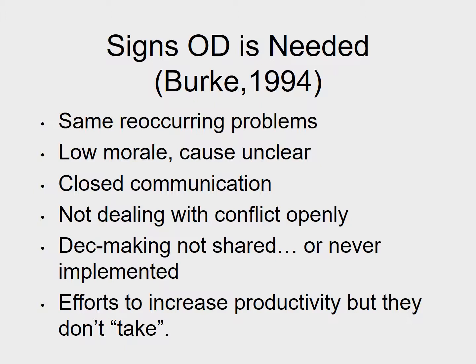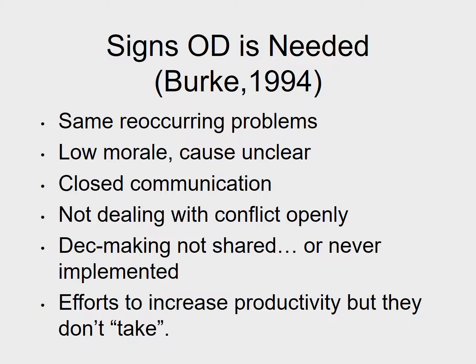You're no longer gathering information and sharing information throughout the organization, which is giving people the ability to actually react to change. Not dealing with conflict openly. So, again, if an organization has an issue where conflict is usually avoided, it's not brought to the table, it's not brought in the open, again, you're closing down processes which would allow an organization to flow better and to react to changing situations.